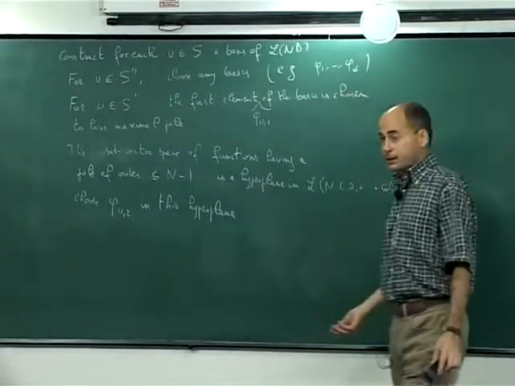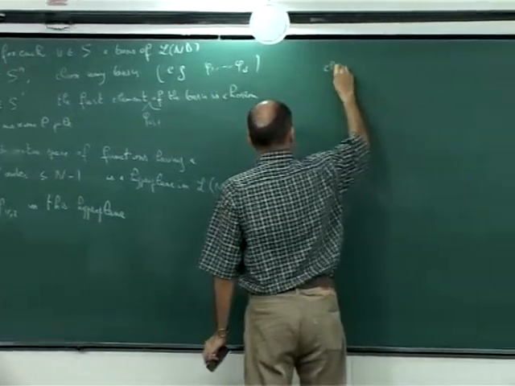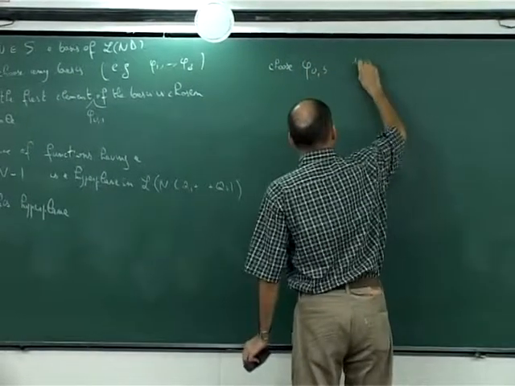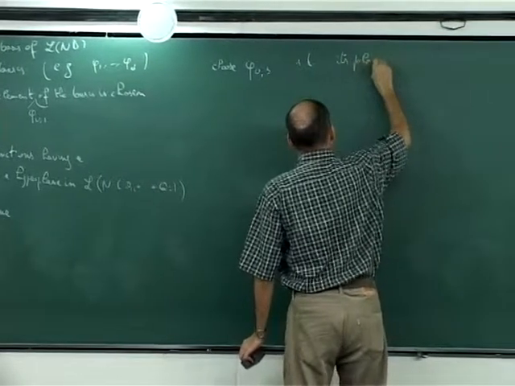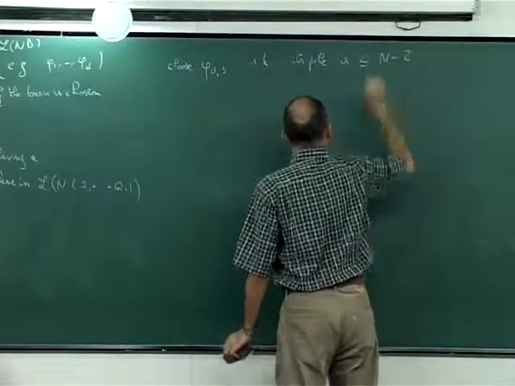So in any case, I can choose phi nu 3 such that its pole is at most n minus 2.